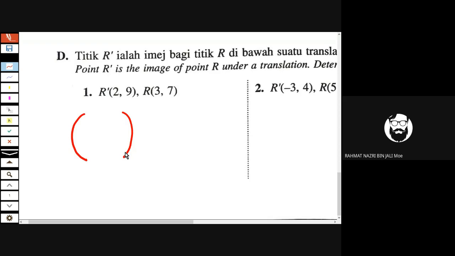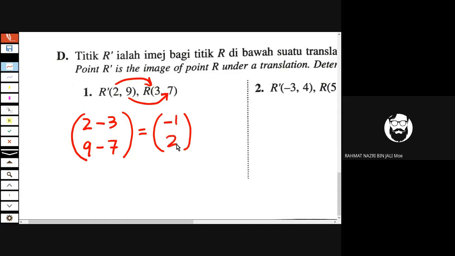Kita ambil image dahulu, coordinate image 2, tolak dengan coordinate X, coordinate of object. Kemudian ini bersama juga. Ini tolak ini, 9 tolak 7. Di akhir sekali kita akan dapat the translation. Negative 1, 2.